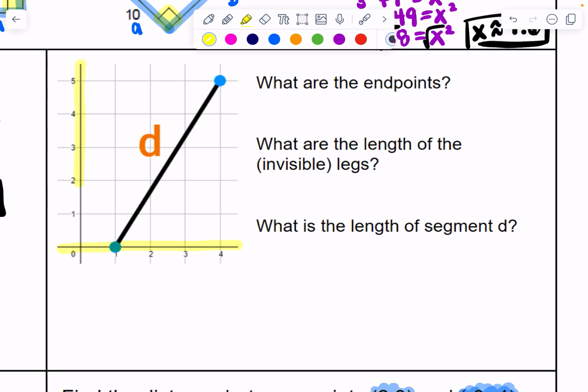Y-axis moves up and down, okay? So the first coordinate point that we come to has a coordinate point of 1, 0, where we're at 1 on the x-axis and 0 on the y. So put 1, 0. And then our second endpoint that we come to is at 4 on the x-axis and then up to 5, so 4, 5.